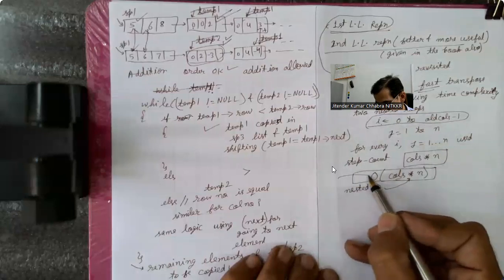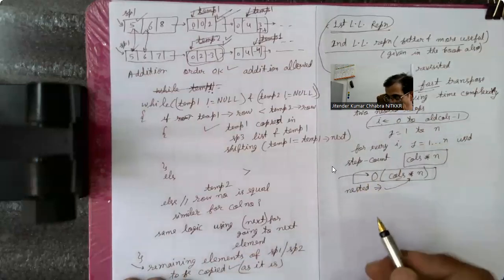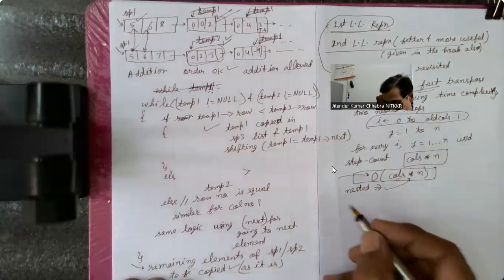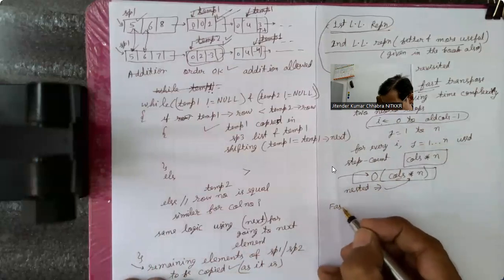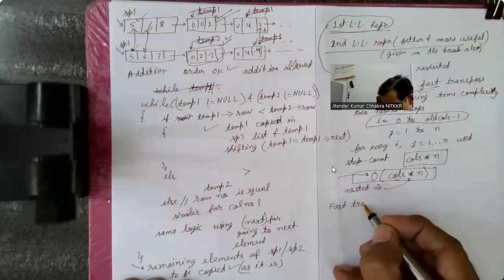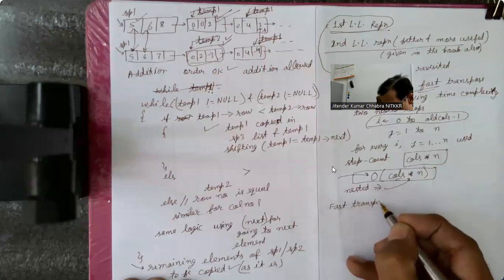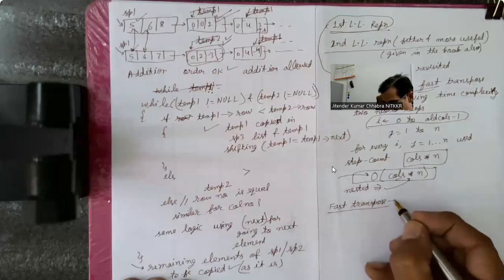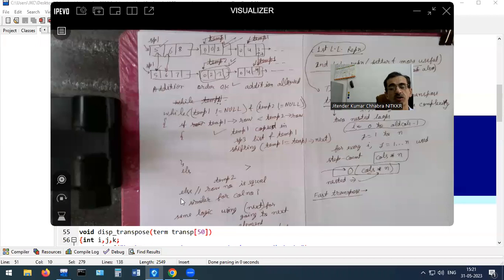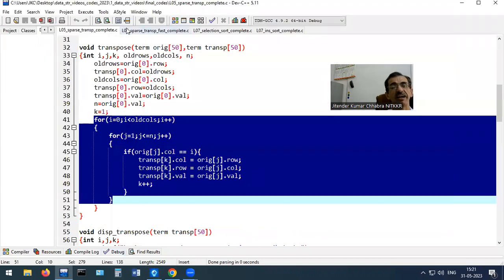Earlier, we didn't mention big O time complexity, but now you can appreciate what it is. Similarly, for the fast transpose, we say we were able to improve the time complexity. How? Let's have a look at the code which we discussed at that point of time.